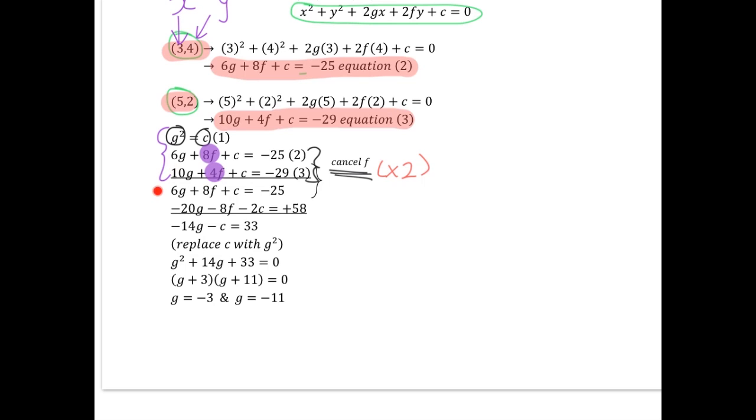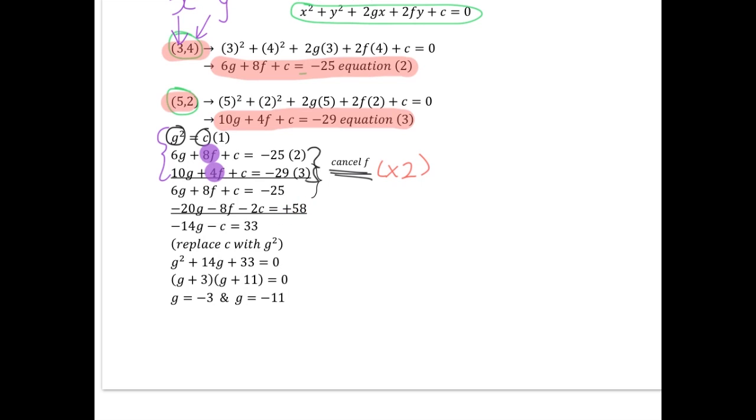If we multiply this equation by 2 and change the signs, we'll have 10g multiplied by 2 is 20g, but change the sign to minus. 4f times 2 is 8f, but change from plus to minus. Plus c multiplied by 2 becomes plus 2c, but we'll change the sign to minus. And minus 29 times 2 is minus 58, but we'll change the sign to plus.